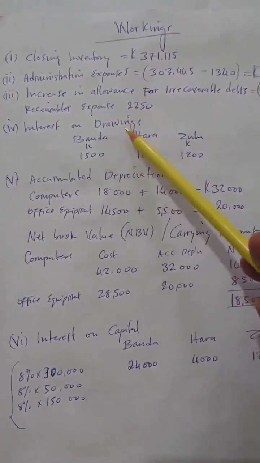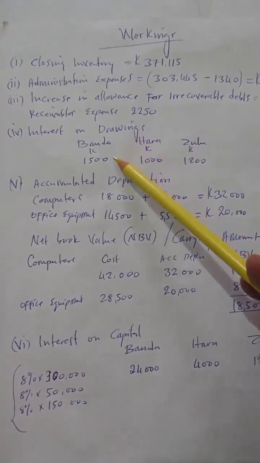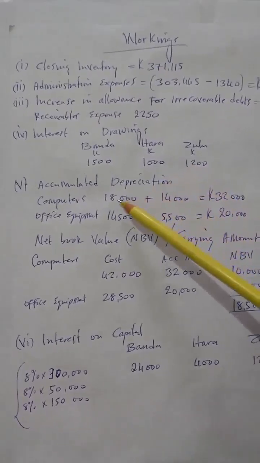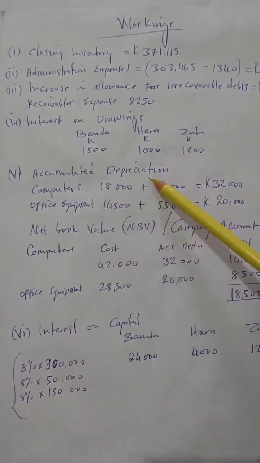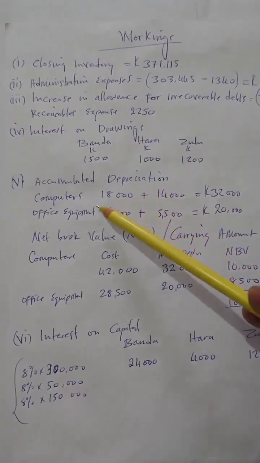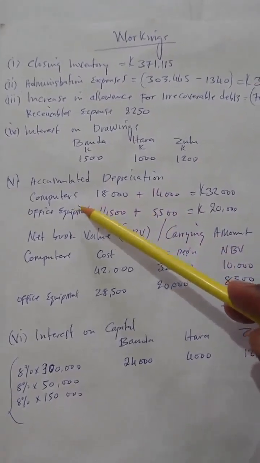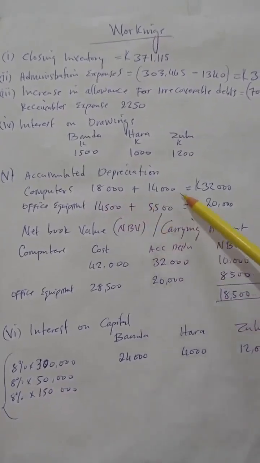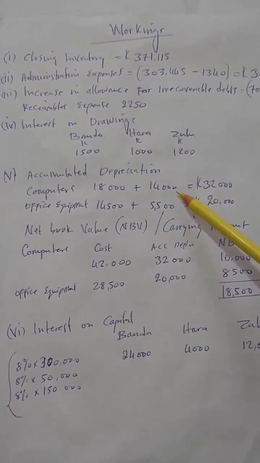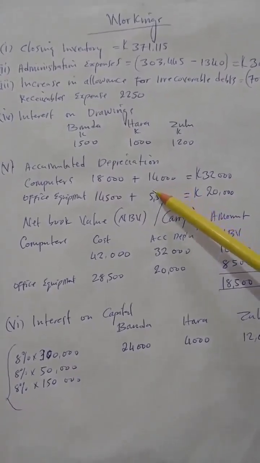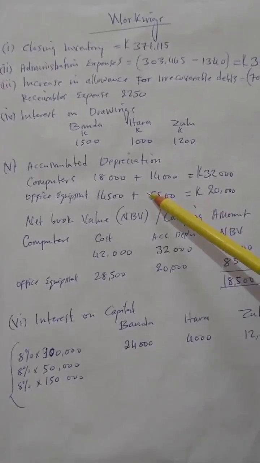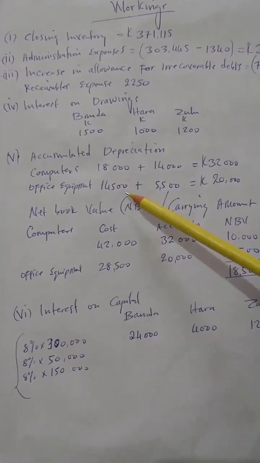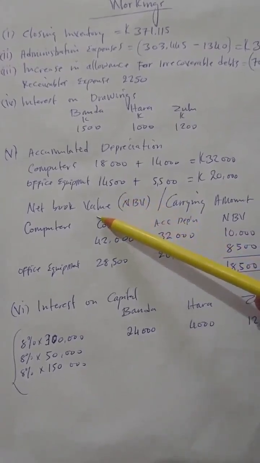Then the interest on drawings, this was given direct from the additional information, no need of calculations. Then the accumulated depreciation, you need to make calculations as you are able to see on my screen. The accumulated depreciation is going to be used in the statement of financial position to reduce the cost of assets to come up with net book value.